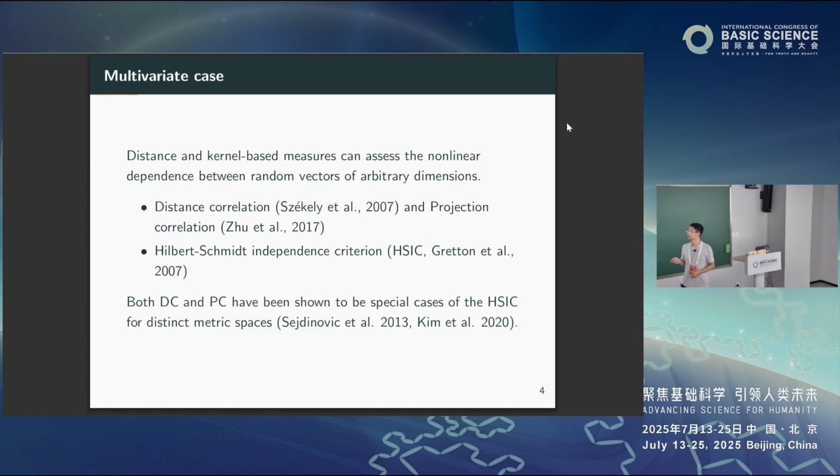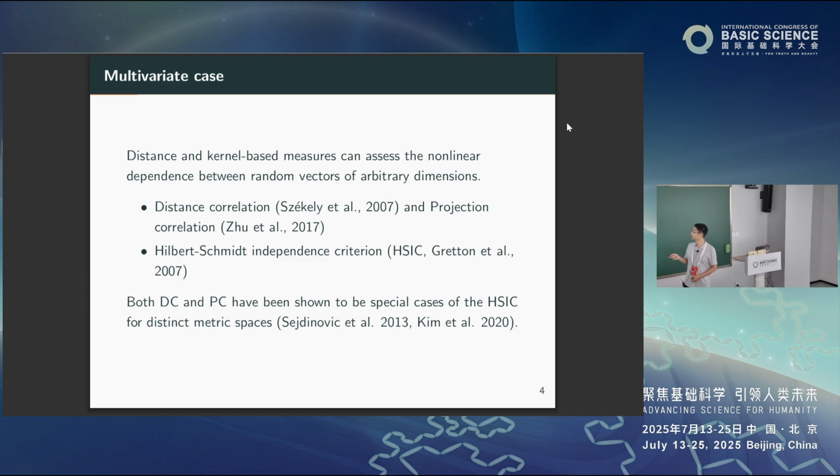If we want to deal with multivariate random vectors, distance-based and kernel-based measures can be used to assess the nonlinear dependence between random vectors, especially when the dimension is arbitrary. There are two popular measures, the distance correlation and the HSIC.